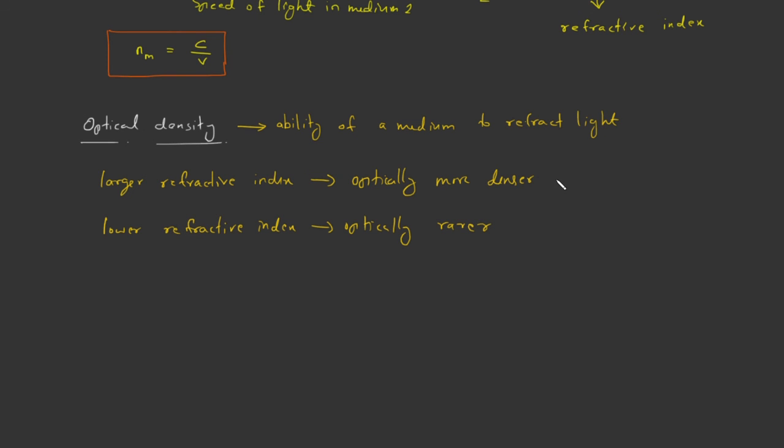So in optically denser medium, the speed of light is less than optically rarer medium.